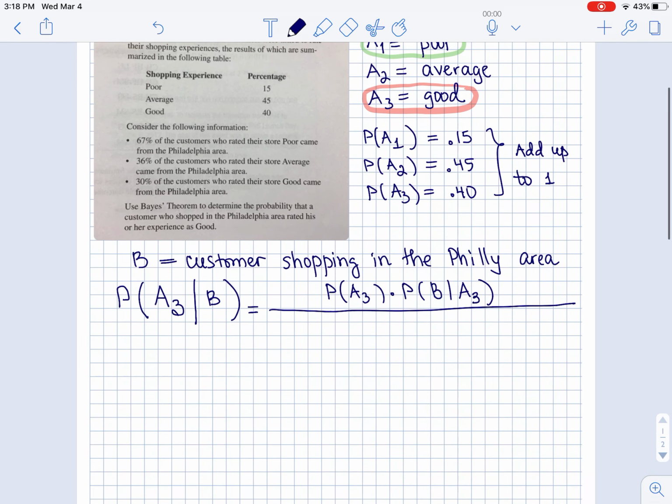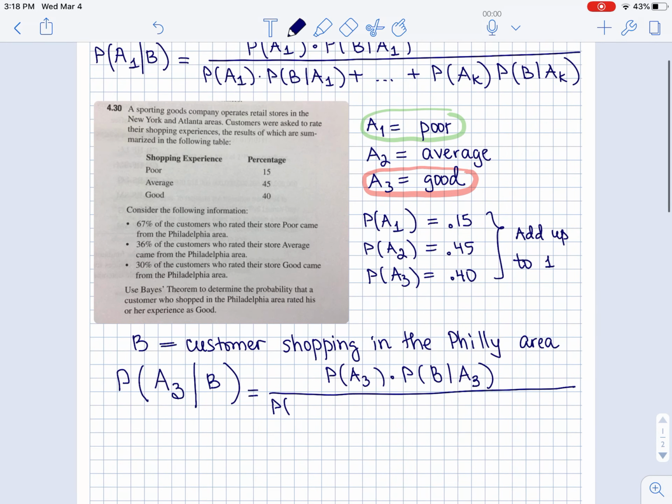So we have 3 cases: the probability that a customer had a poor experience times the probability that that customer was from Philly, given they had a poor experience, and the same for all other cases that can happen, which is a total of 3 cases.